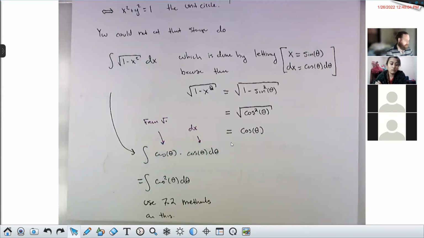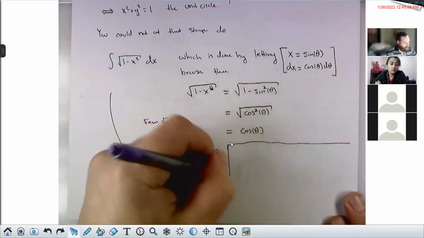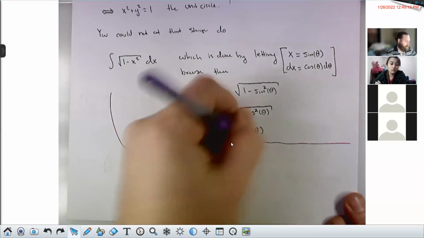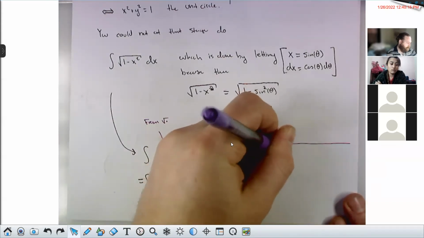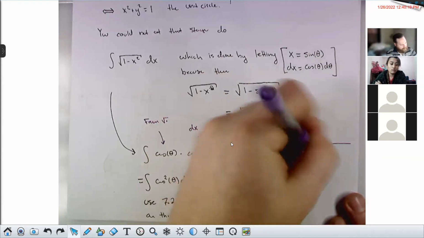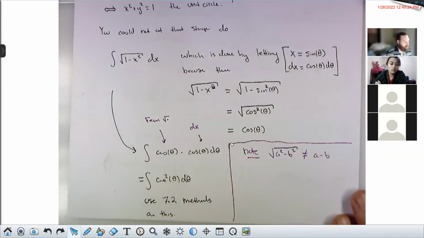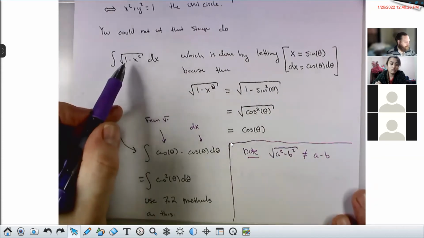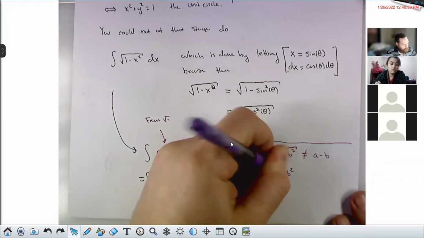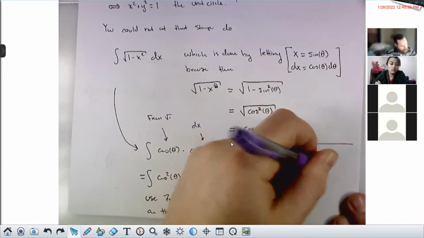And the important thing that I want baked into your head today is that the square root of like a squared minus b squared is not a minus b. We can never do that. So you can never split up square roots like this, right? The square root of a squared plus b squared is not a plus b.